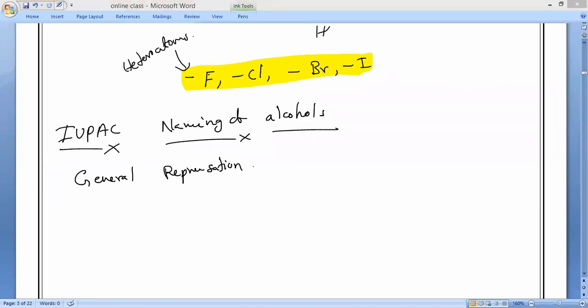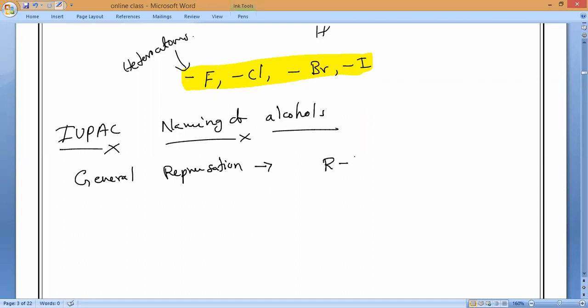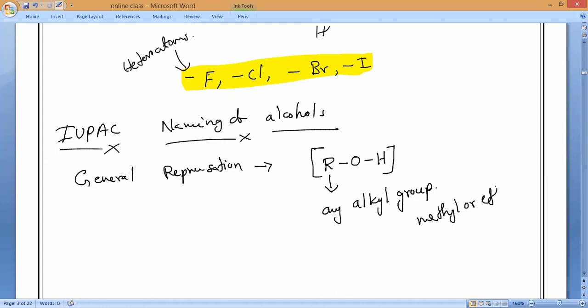So the general representation we will write is R single bond O single bond H. Kindly remember that. Here R means what, guys? Anybody can tell what R means? Any alkyl group. Do you understand, all of you? Please respond. Any alkyl group, like a methyl or ethyl group, that is what R means.